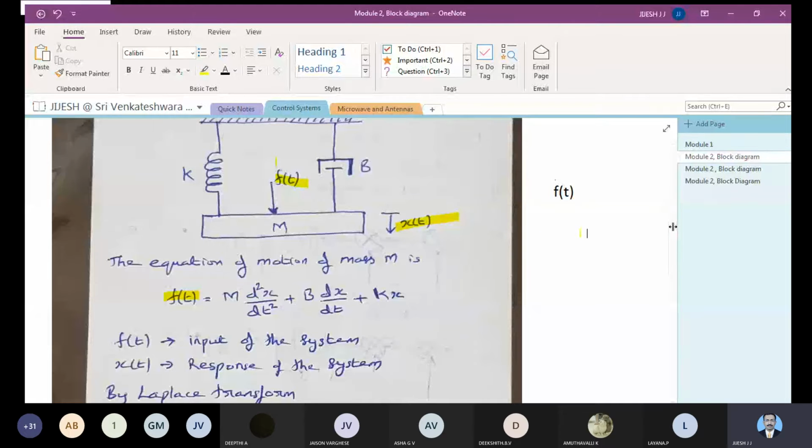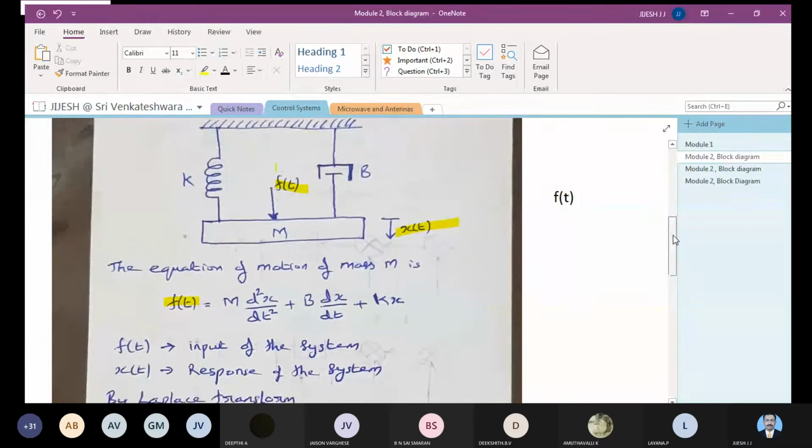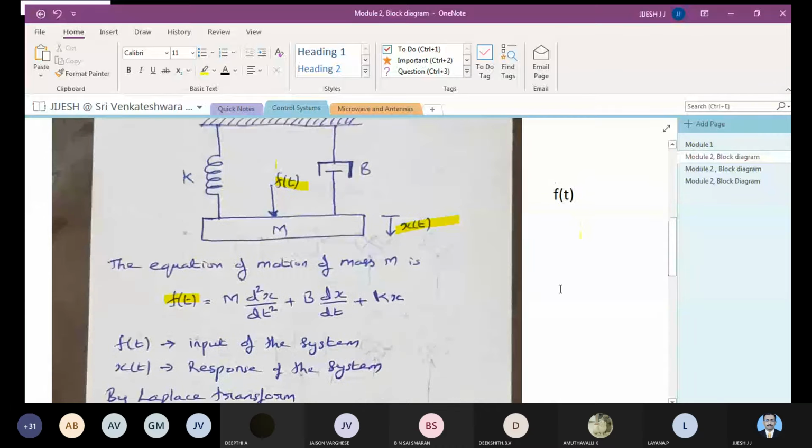What is the equation for f of s? (m1 s square plus b1 s plus k) whole bracket x of s is equal to f of s. f of s is equal to m1 s square x of s. m1 is not there here.